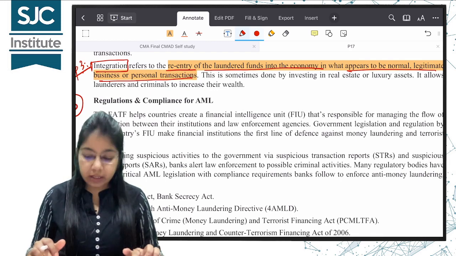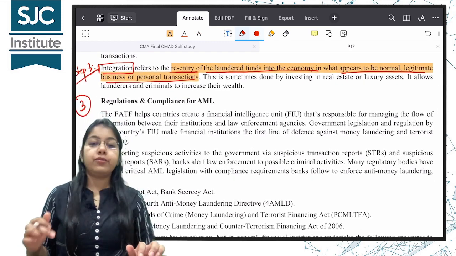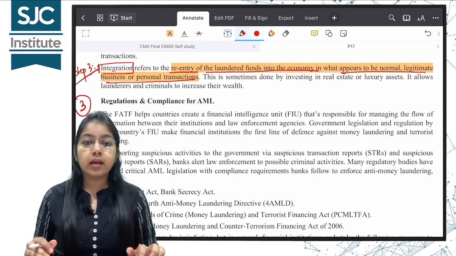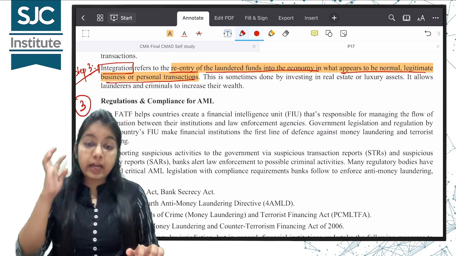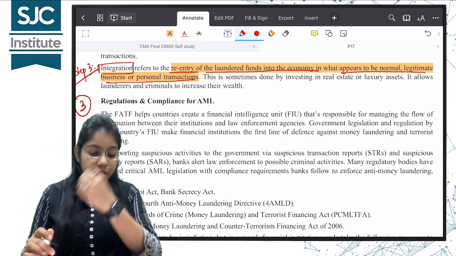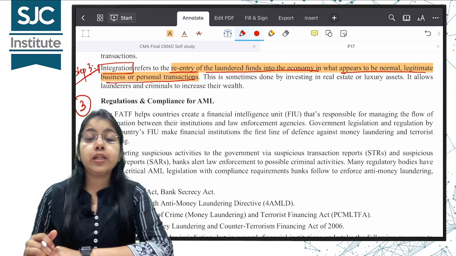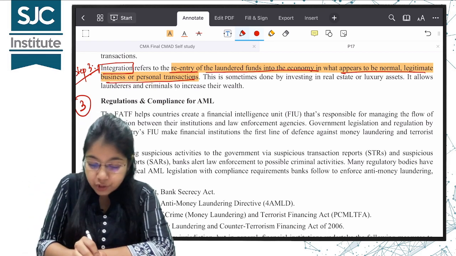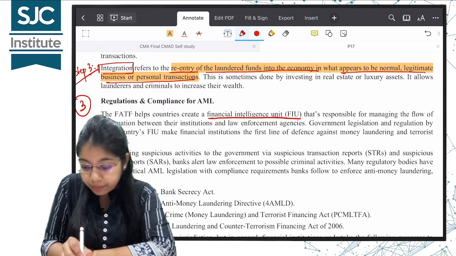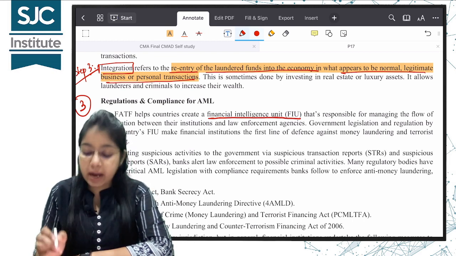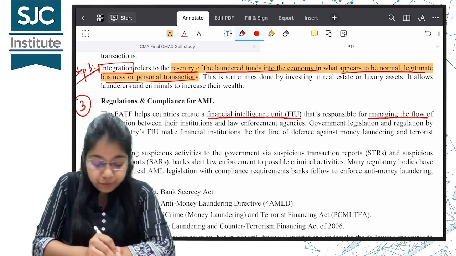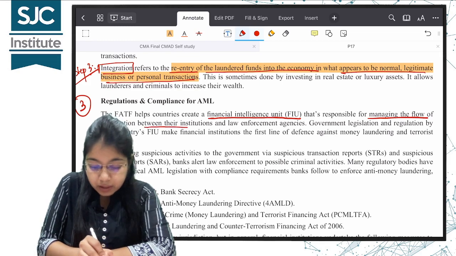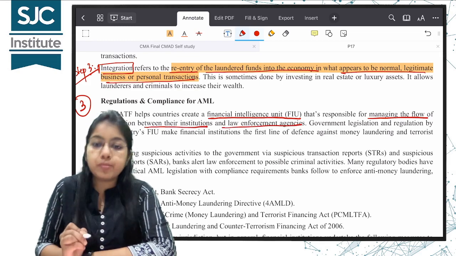This is a very small, easy topic. Basically, what are the regulations in different countries and compliances? The FATF, that is the Financial Action Task Force, helps the countries to establish an FIU. What is FIU? Financial Intelligence Unit, which will be responsible for managing the flow of information between their institutions and law enforcement agencies.